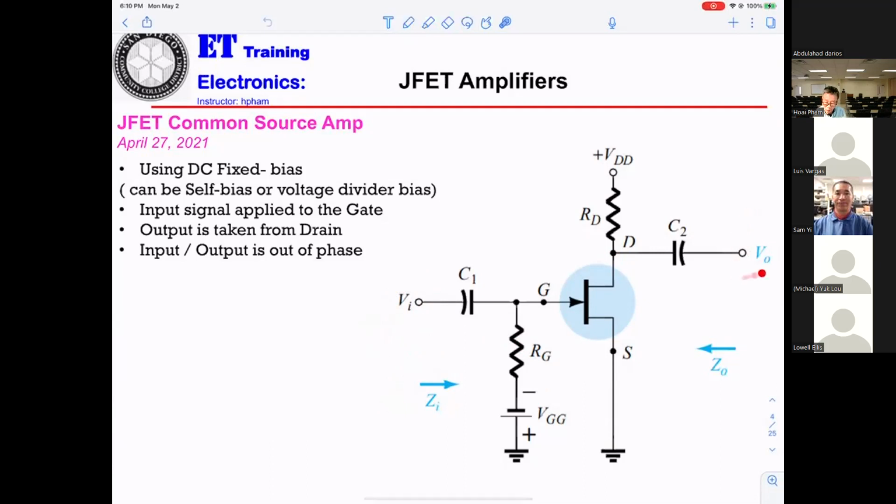And from the output here, you look into the amplifier, see how much resistance you get, that will be the output impedance. That's a general picture. We're not talking about any calculation yet, but at least you have to memorize, okay, in order to get a technician job easily. So any question up to this point?